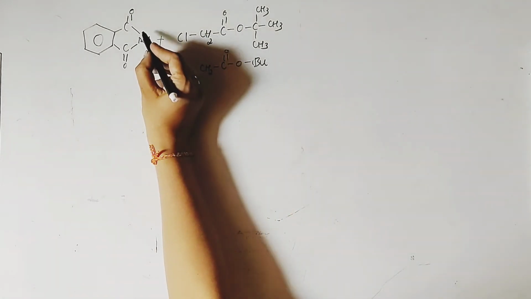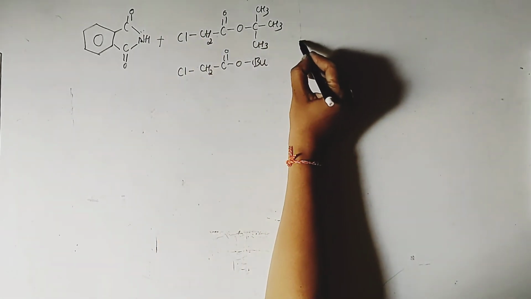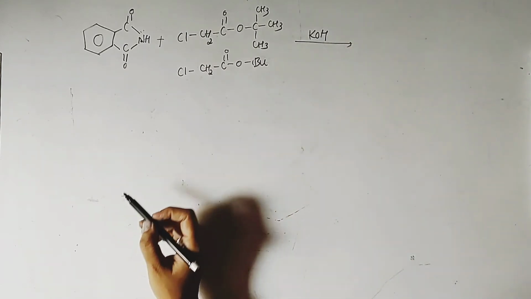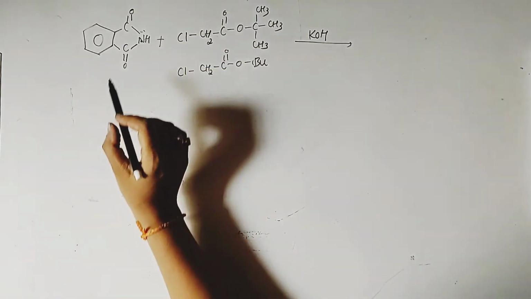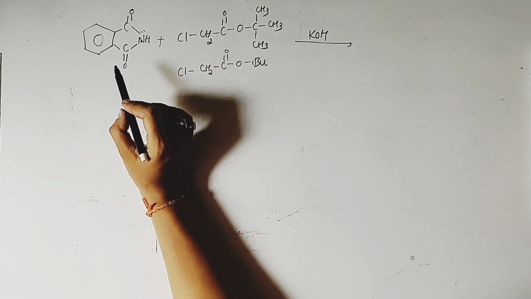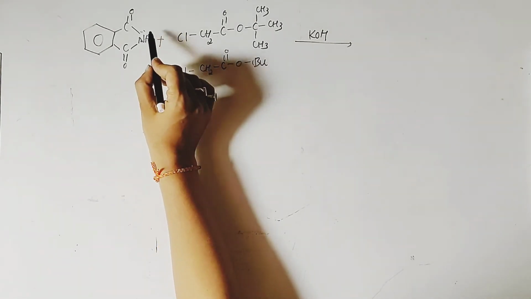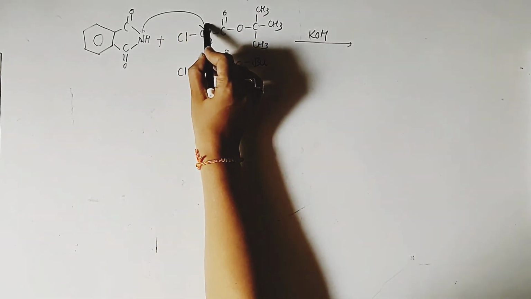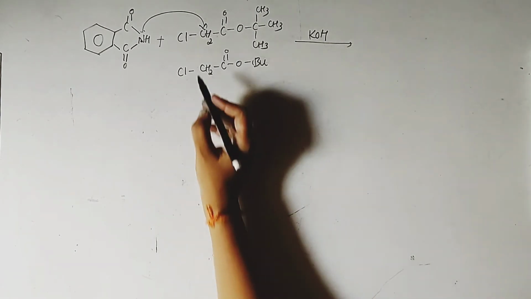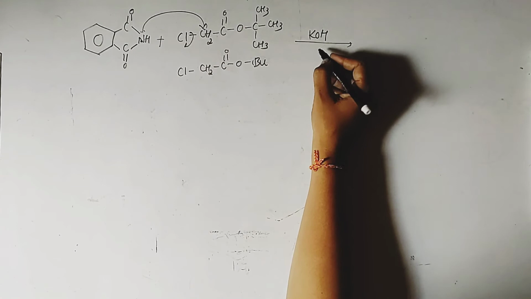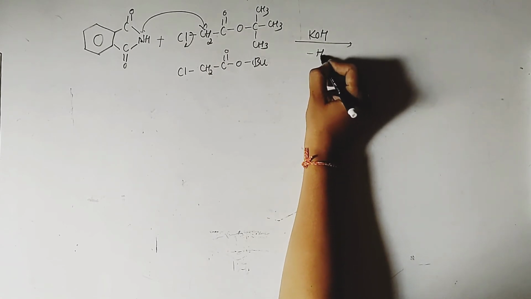Now the reaction is going to take place in presence of potassium hydroxide. In this reaction, our nitrogen is going to bind with this carbon. As a result, the removal of this chlorine will take place, so it is eliminated as HCl.